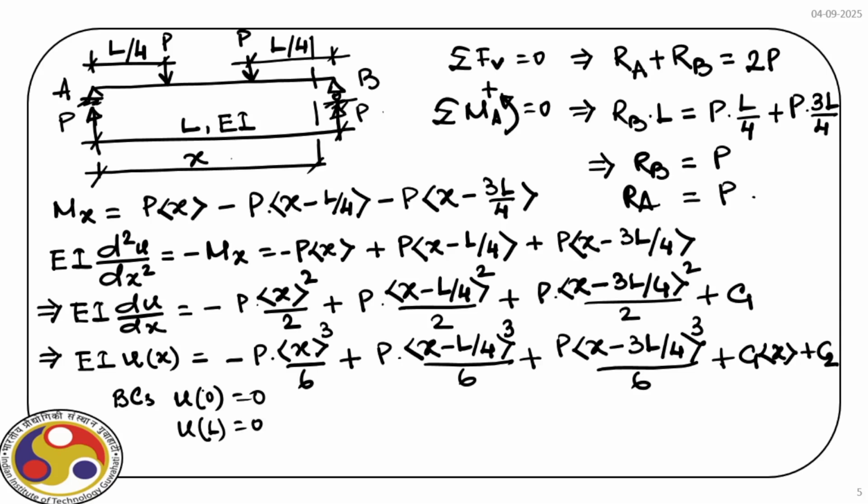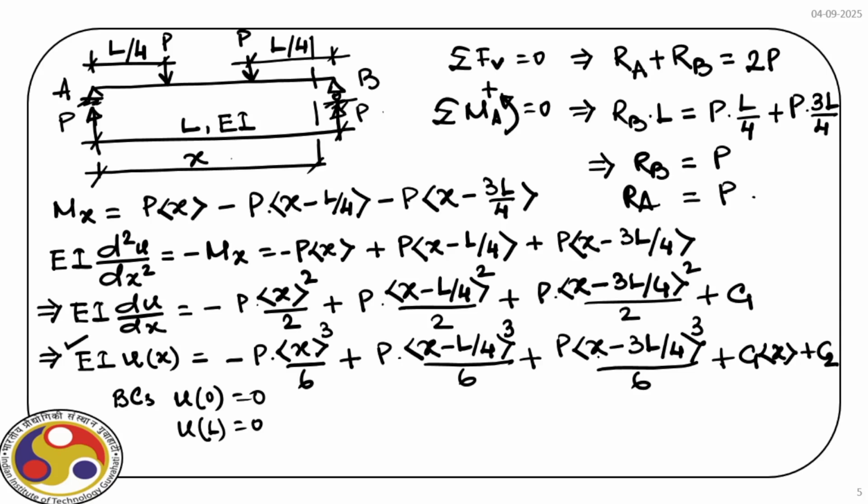Now if we consider the first boundary condition, and put this in the expression of the deflected profile, we can easily see on the right hand side, we have P times x cube by 6. So x is 0, first term is 0. Second term, we have within Macaulay's bracket x minus L by 4. So x is equal to 0, within Macaulay's bracket we have negative, so it vanishes.